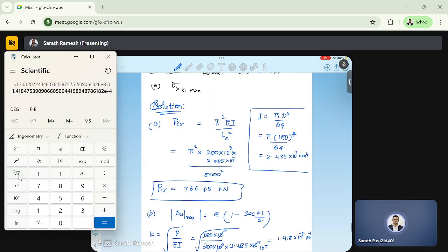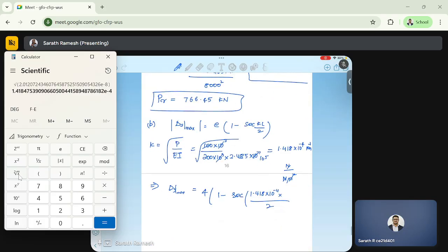What is L? 8 meters, right? 8000 mm by 2.